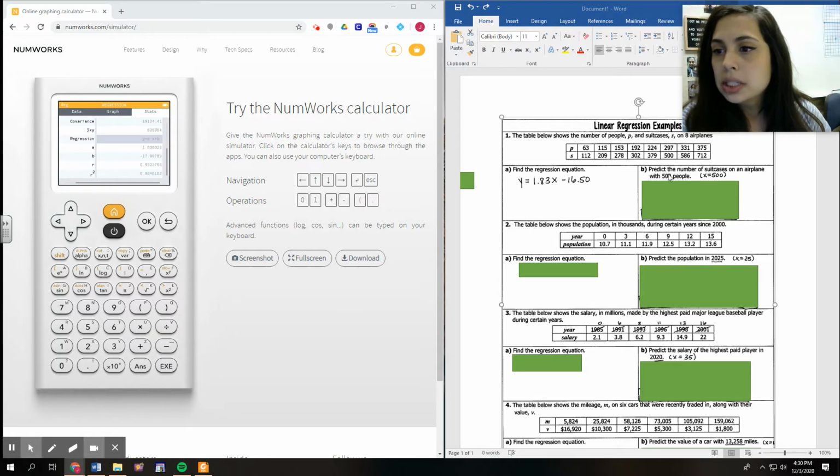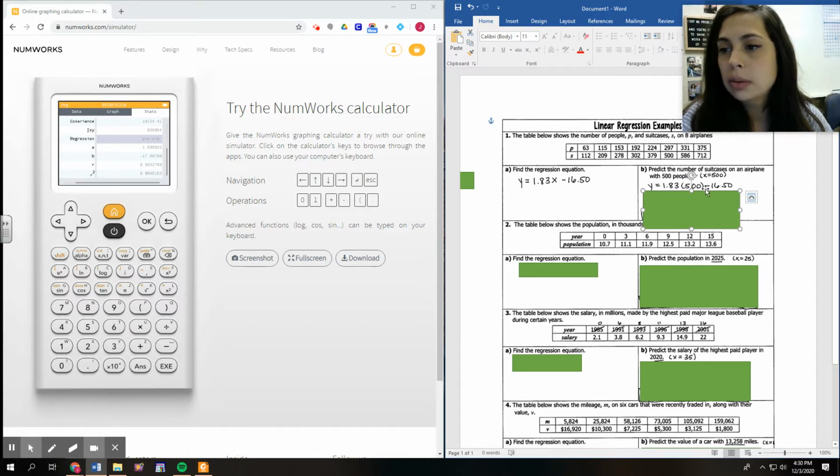Predict the number of suitcases on an airplane with 500 people. That means our x is going to be 500. Remember, we said that the top row is our x, so we're going to plug 500 into here. Our equation is going to look like y equals 1.83 times 500.